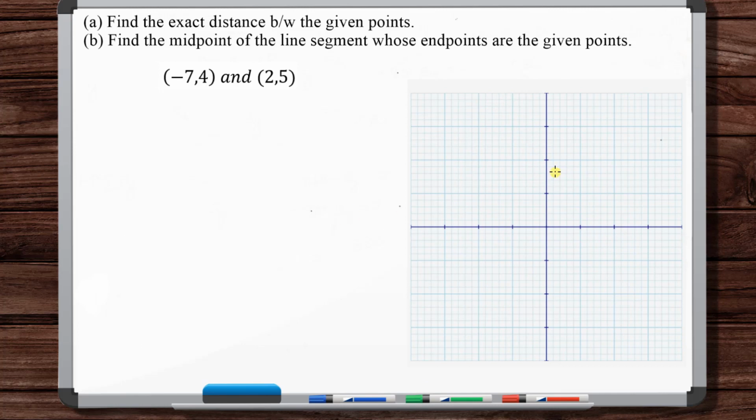Okay, so let's plot these points. Let's see, this is 8. Okay, so minus 7, and then 4. And then 2, 5.